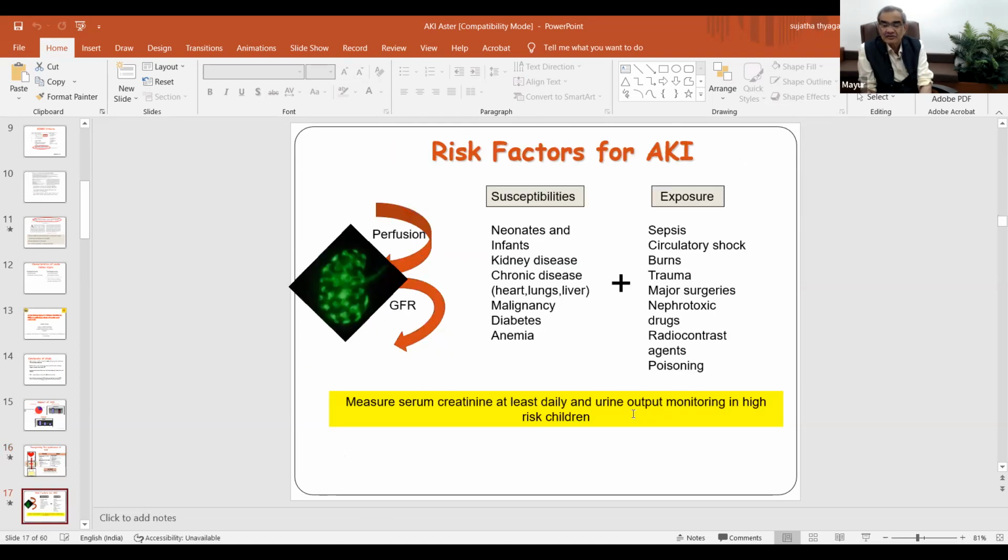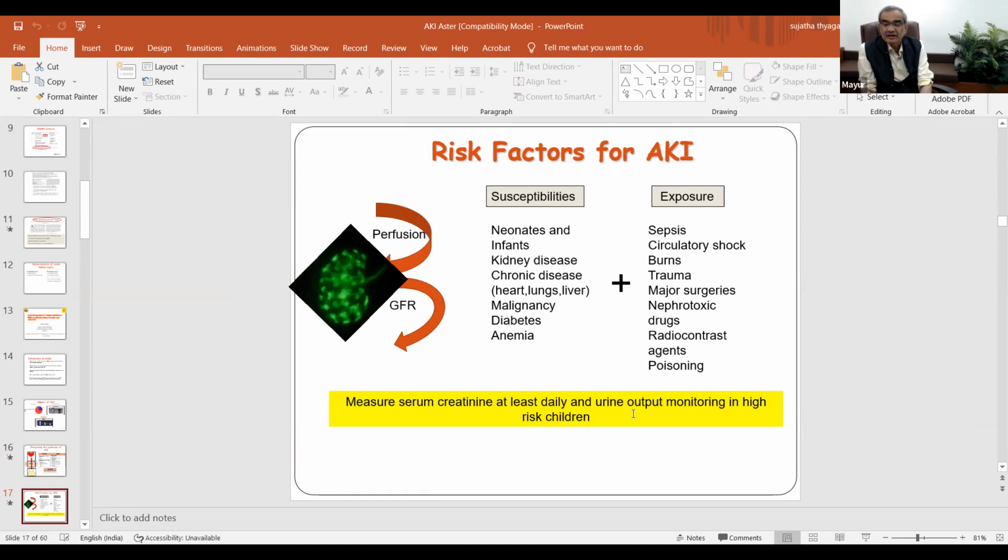And there are a lot of risk factors for AKI which need to be kept in mind. And we need to measure the creatinine at least daily and monitor urine output thoroughly. So what is important is what is the perfusion of kidneys and how much is the GFR, how is it responding to the changes in the body status.